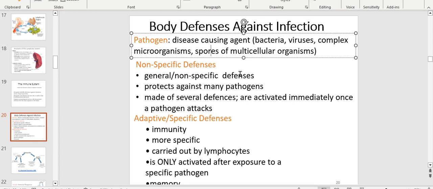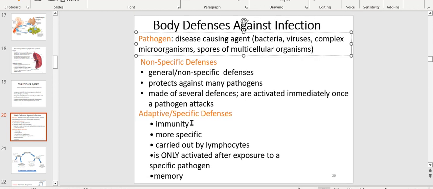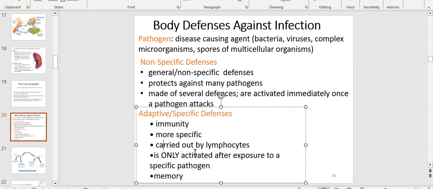Non-specific defenses are general defenses that protect against many pathogens, are made of several defenses, and are activated immediately upon a pathogen attack. Adaptive or specific defenses are more specific, carried out by lymphocytes, only activated after exposure to a specific pathogen, and there is definitely memory involved.